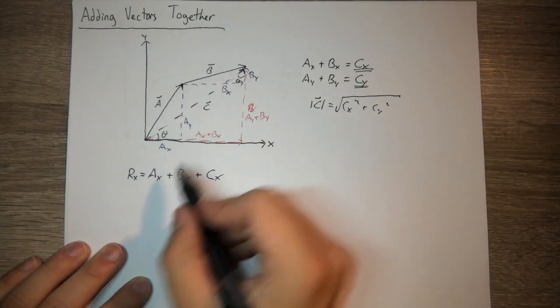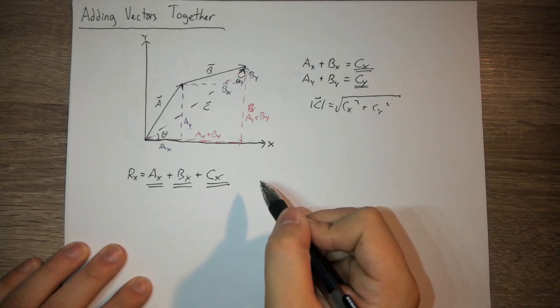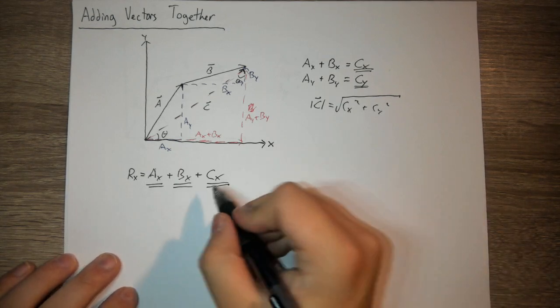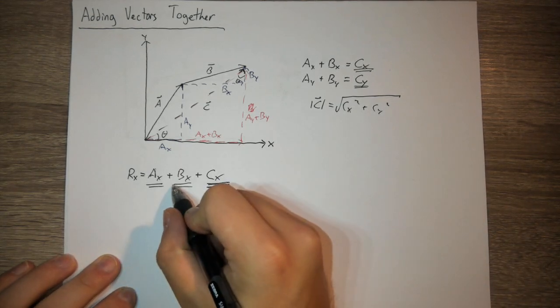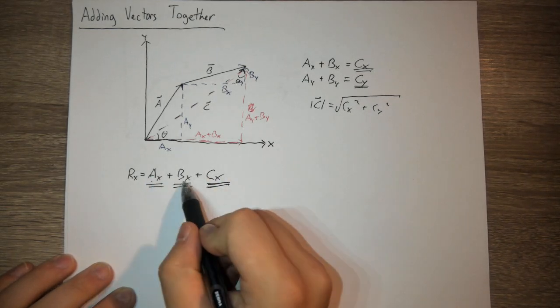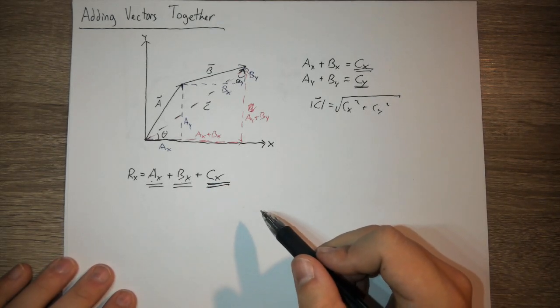So for however many vectors you have, you just add a new x component to it. So that's fairly straightforward how you add vectors. The number of vectors is the number of components that you would add together.